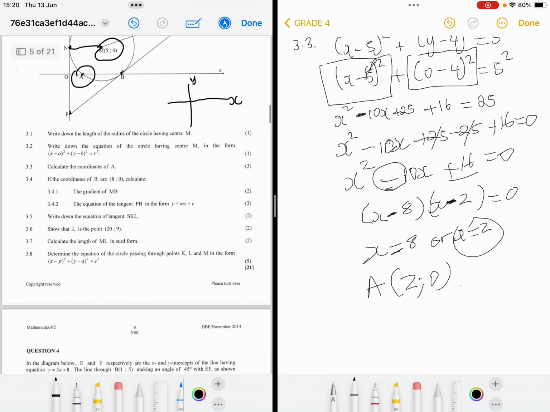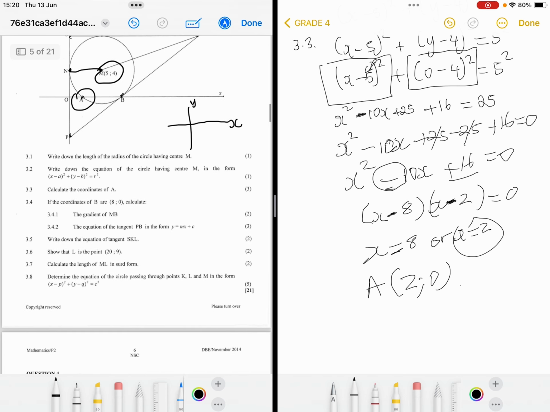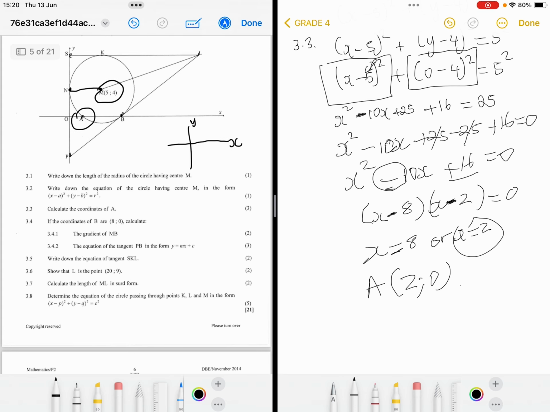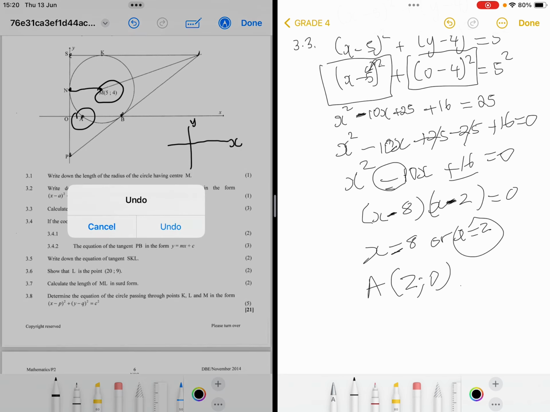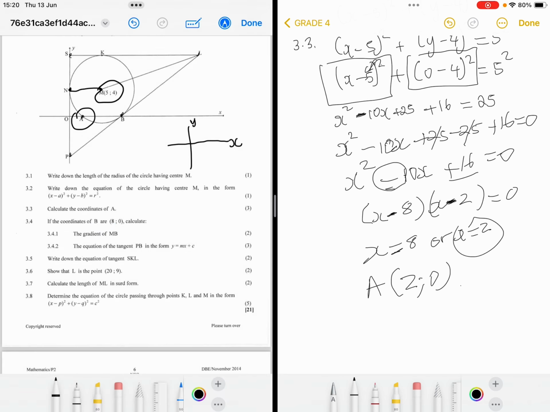Now they say the coordinate of B is 8 and 0, so you can say that B is there as the x-intercept, which is 8 and 0, and we got 8 somewhere here on the x-intercept.